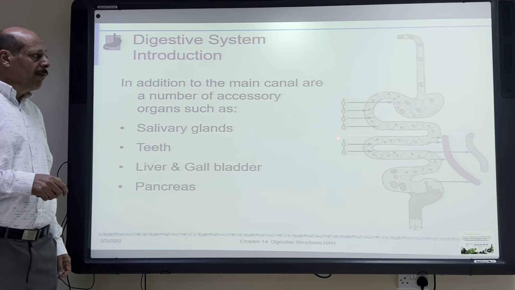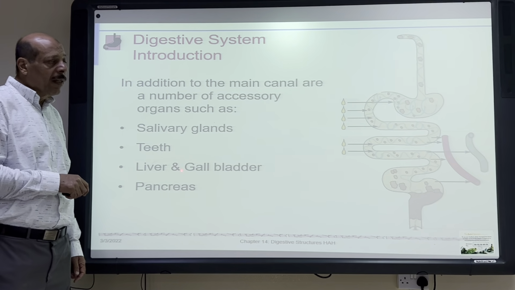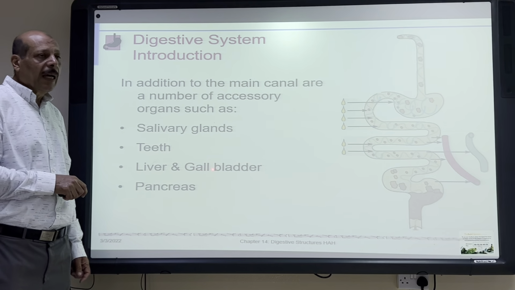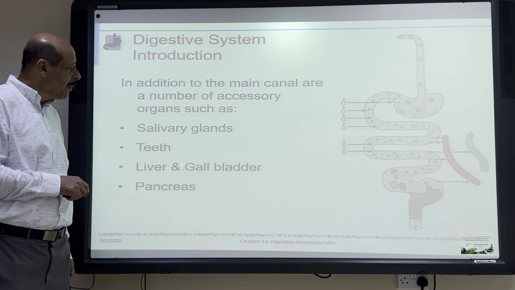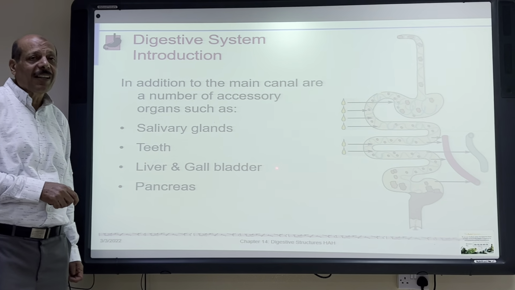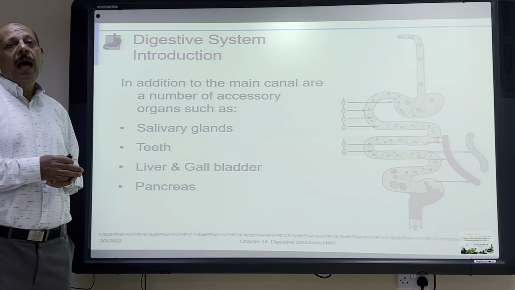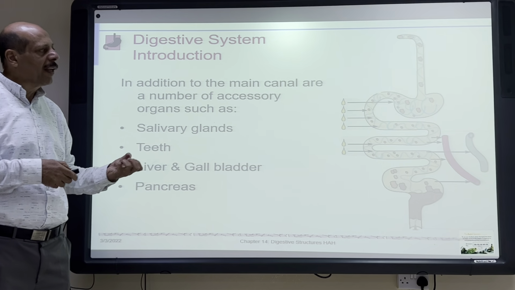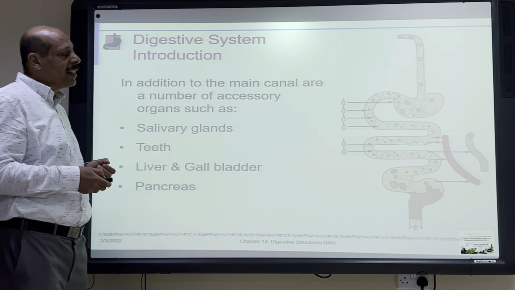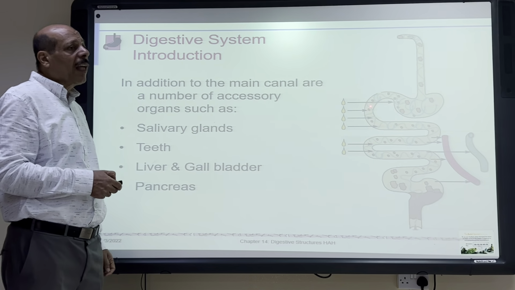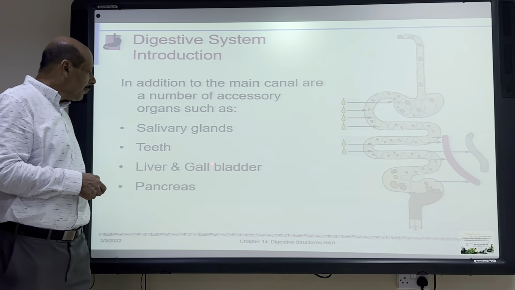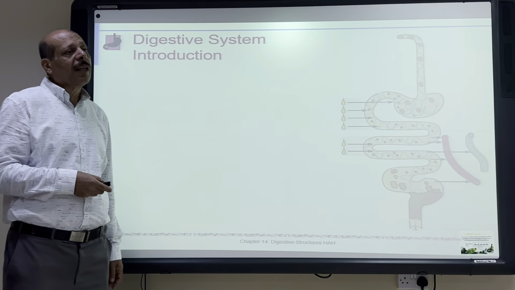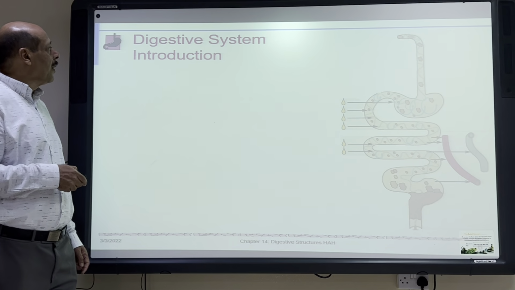The liver has many functions after absorption of the food, in order to prepare it for metabolism. The gallbladder stores bile, which is excreted by the liver and accumulated in the gallbladder. Then it is excreted in the duodenum to help in the digestion of fat. The pancreas also has a chemical function of digestion.